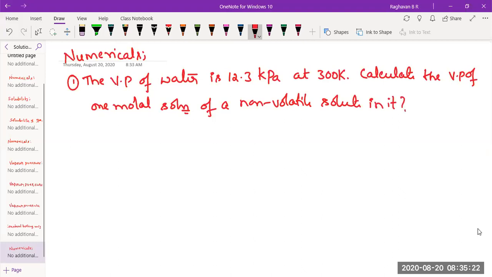There is a non-volatile solute present in the water. So the vapor pressure of water has been given. Calculate the vapor pressure of the 1 molal solution.